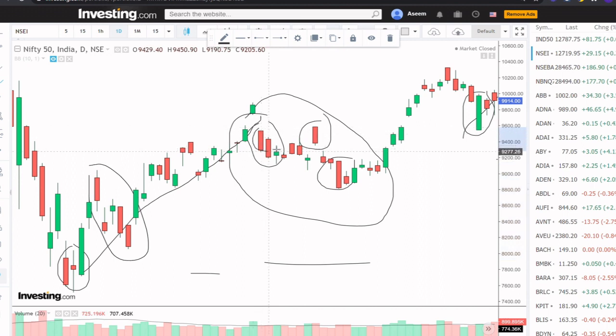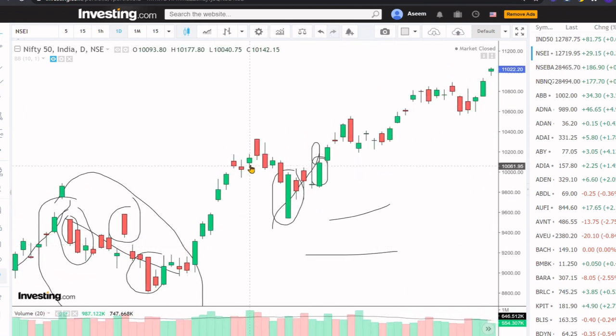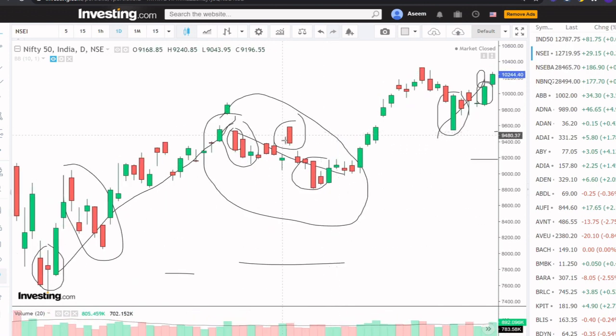See, this down candle came, and for the next few days the down momentum came, right? So whenever this kind of candle formation happens, we are nearing some kind of top or swing high, and then we go for a little bit of a retracement. Let's look at some of the major highs and lows.